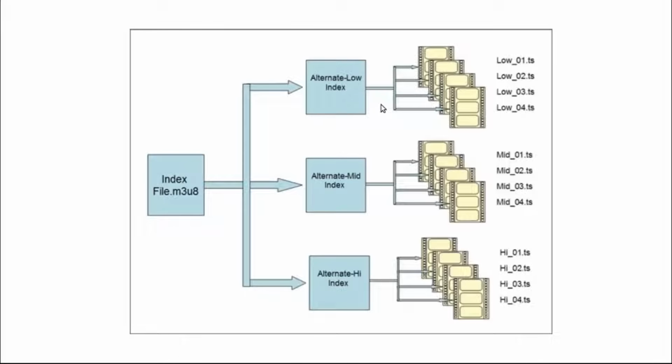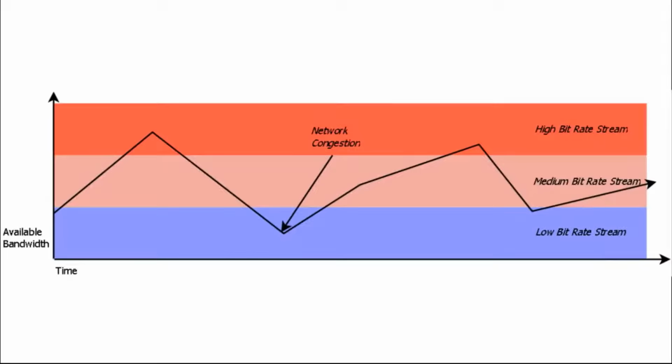So this is the benefit that you can get, and where it helps is in dynamic adaptive bitrate streaming. What that means is that if you have a good internet connection, you can start asking for video with high quality. But as your network starts getting congested, or as your available bandwidth starts decreasing, you can go to the low bitrate stream.